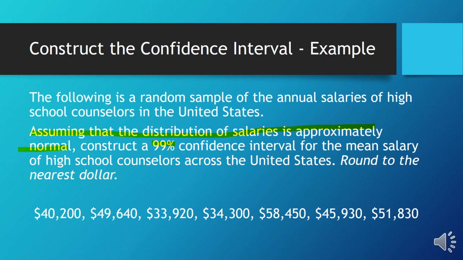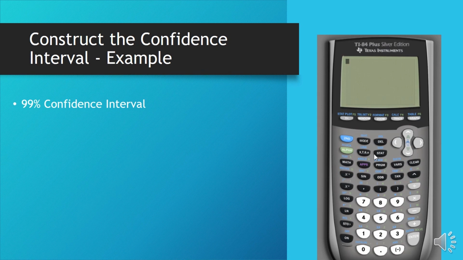You're going to get your calculator and go to stat, and then enter these numbers into your list. Keeping in mind that we are constructing a 99% confidence interval, we start by going to stat, then edit. If you have anything in your list, you should go ahead and clear it out.